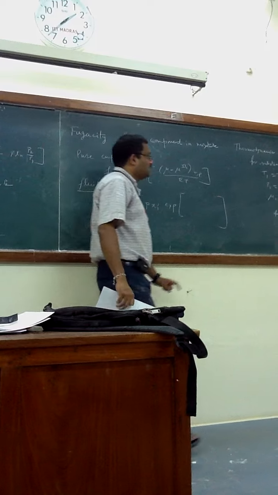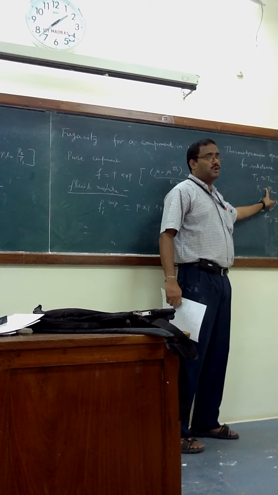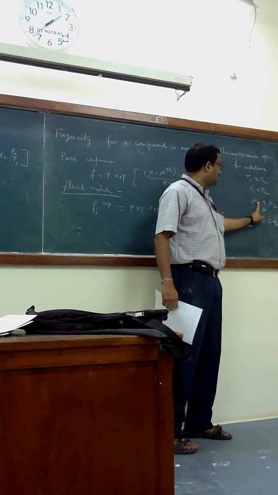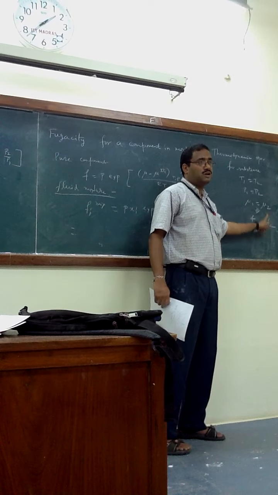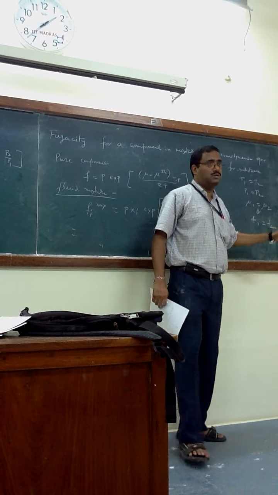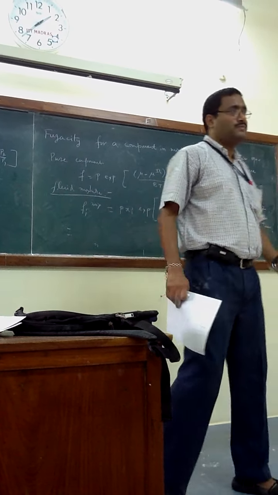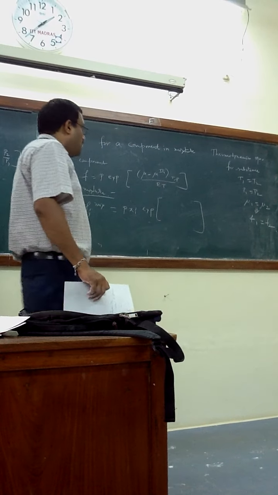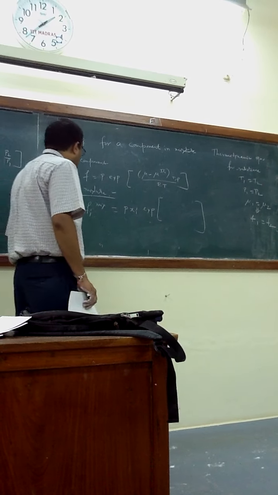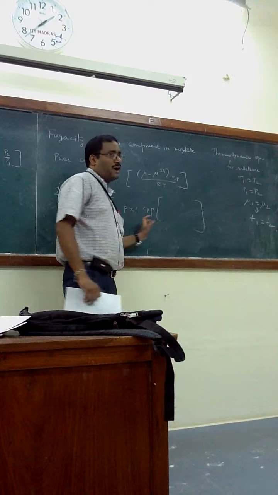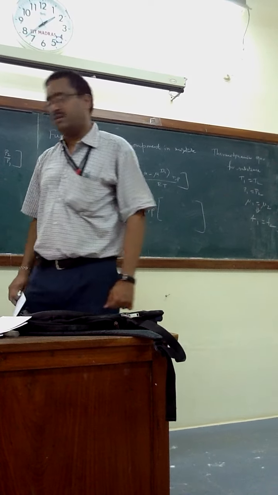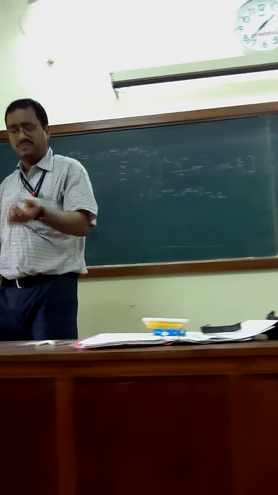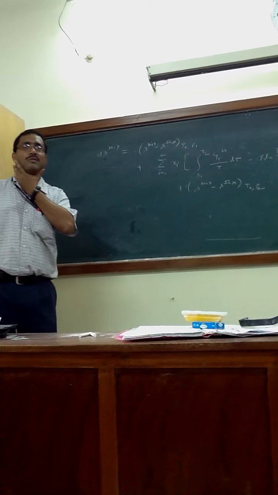Multi-component substance, T1 equals T2, P1 equals P2. I will prove that the fugacity of each individual component has to be equal. And based on that, we need to have the fugacity of the ith component of a mixture defined properly. How to define the fugacity of the ith component?